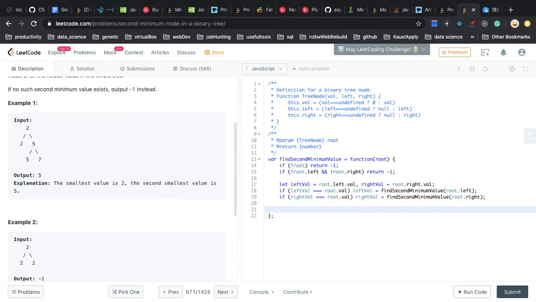So if left value and right value both exist, which means they are not equal to -1, in that case we just return the minimum of the left value and the right value.